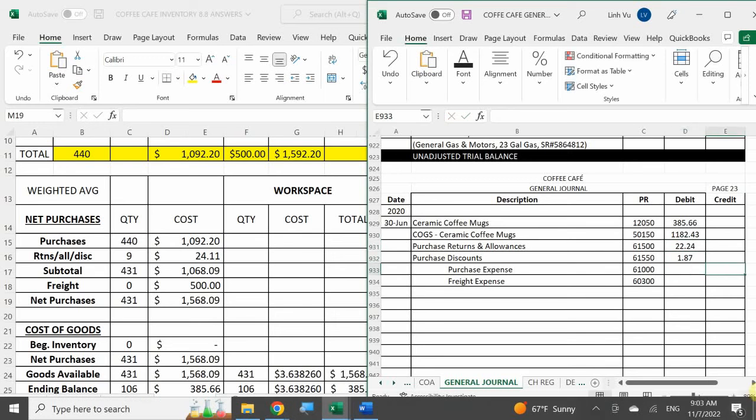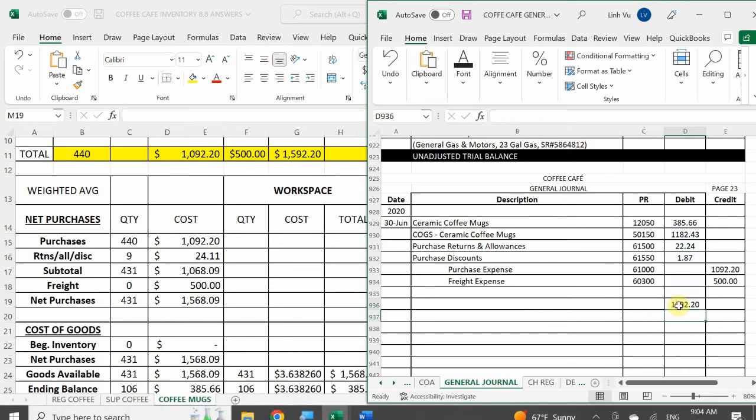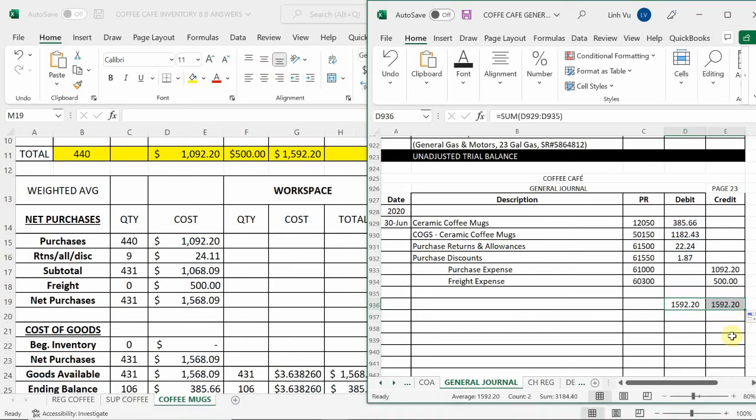What was my total purchases? $1,092.20. And last but not least, what was my total freight? 500. Okay, so if you did your calculation here, just to make sure that your total debits match your credits, I have a total of 1,592.20 on the left and 1,592.20 on the right. So good.